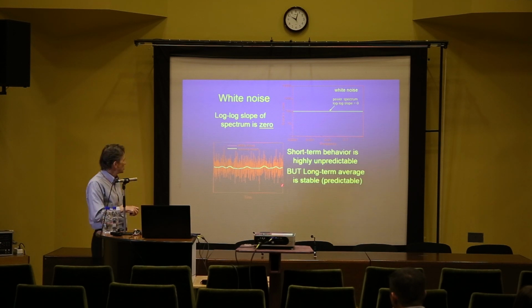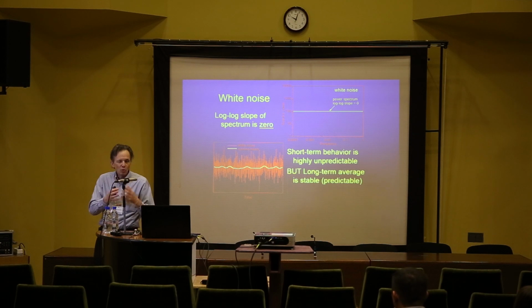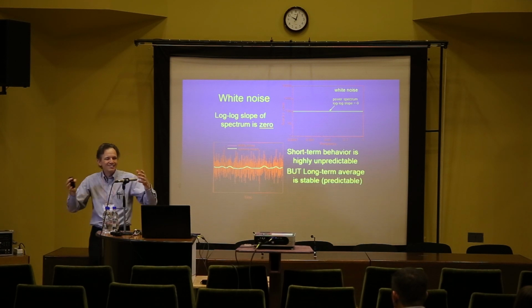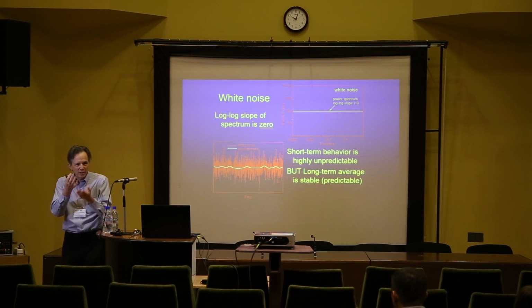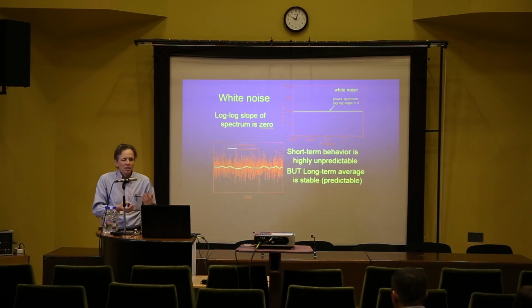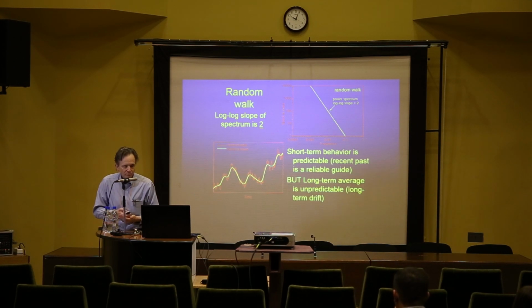And in that kind of time series, the short-term behavior is entirely unpredictable because the individual numbers are uncorrelated, but the long-term average is entirely predictable because the fluctuations are random and they tend to average out. So the long-term average will be stable and predictable, as the central limit theorem tells us.